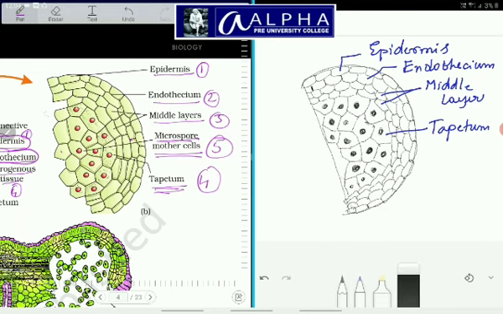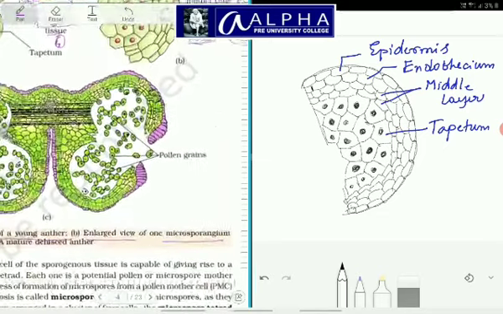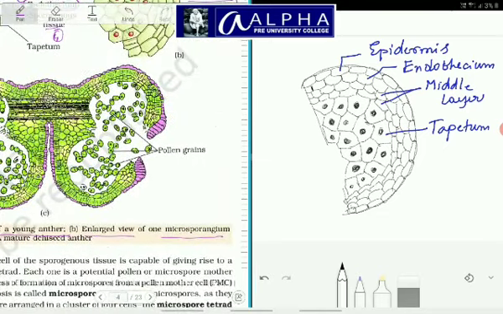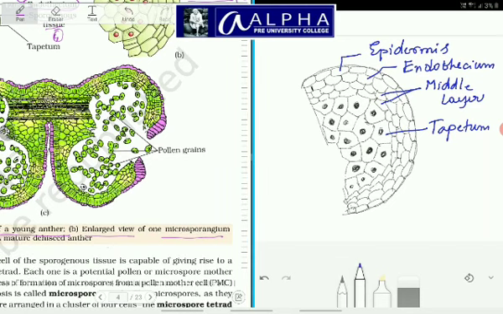So now drawing the enlarged portion of the young anther microsporangium is over. Now I have to label this diagram. Let me see how they have given it in your textbook: enlarged view of one microsporangium. Let me simply write microsporangium.